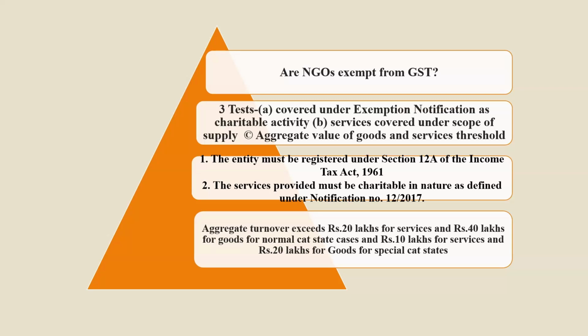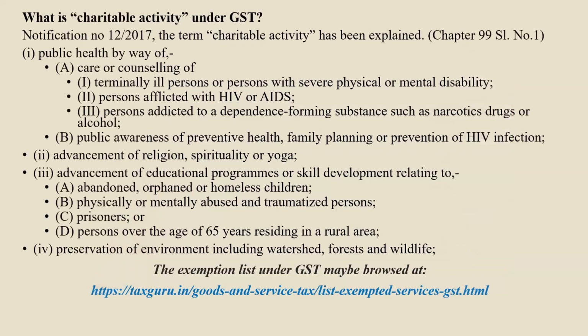Now, the question is, what is the definition of charitable activity? It's very, very narrow. This definition of charitable activity has only 4 clauses. Now, the first one is public health. So public health is not all public health. It's very narrow, very skewed in a certain sense.